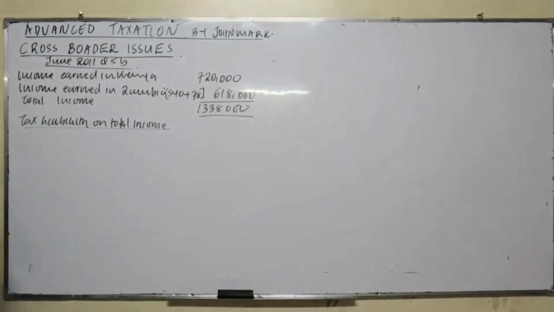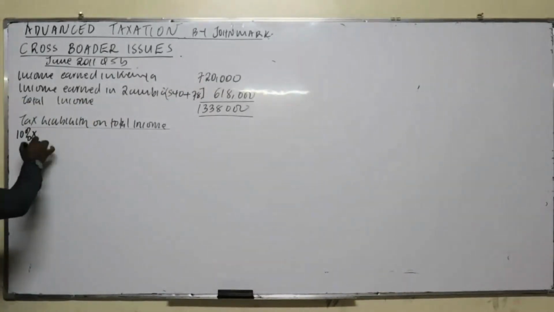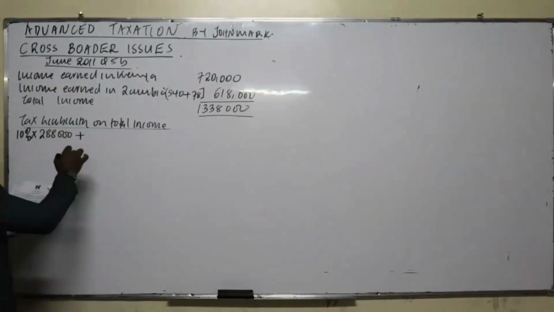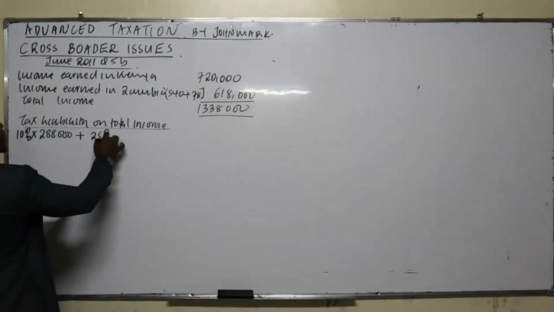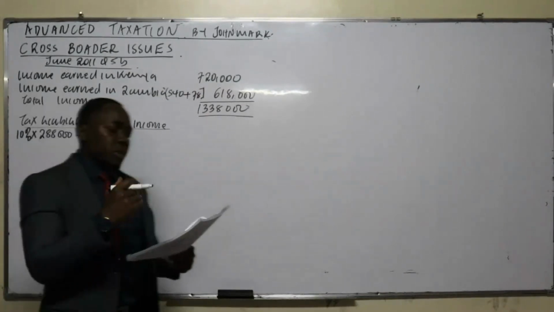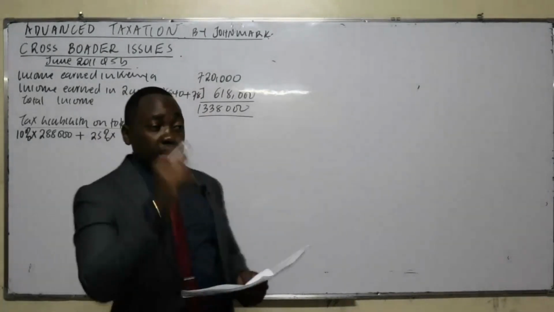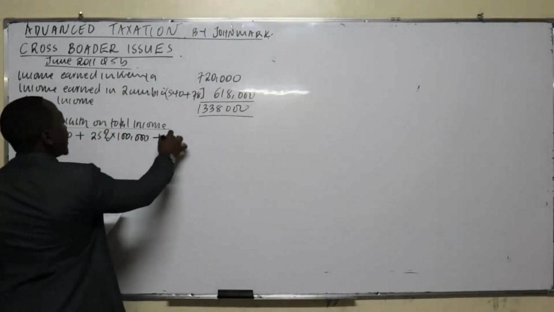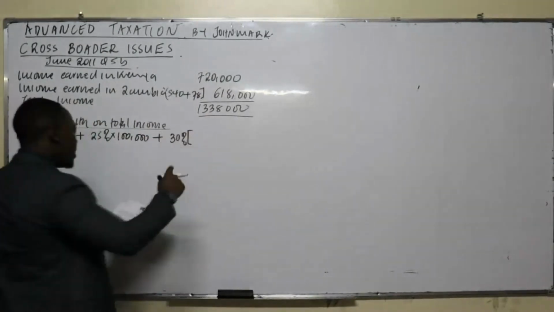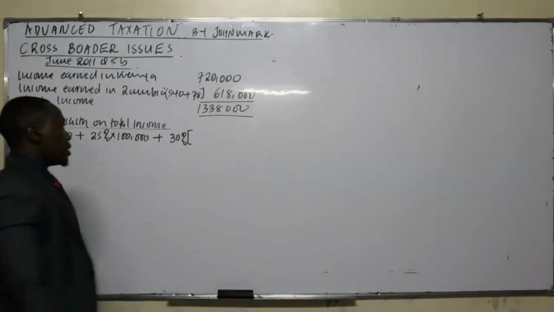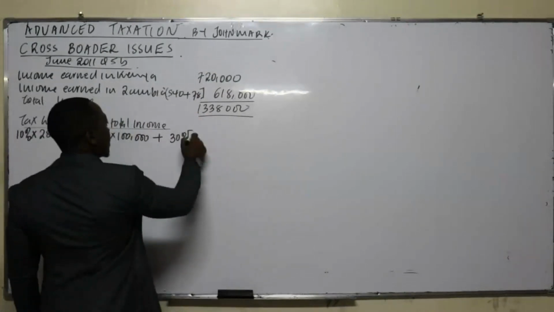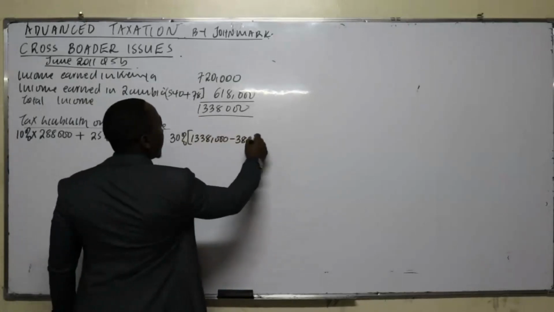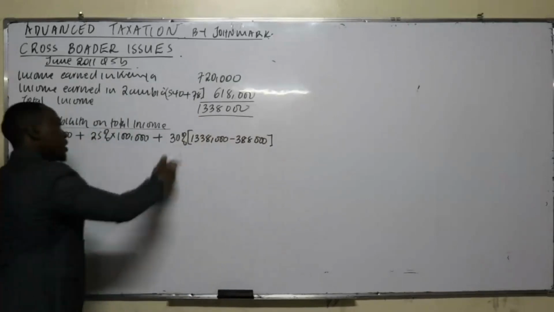We use that. It's 10% for the first 288,000 plus 25% for the next 100,000, because the range is between 288 to 388. The difference is 100,000. It's at the rate of 25%. Then 30% of anything in excess of 388. So we determine the amount of excess. You take 1,338, you minus 388, you determine the excess, then you multiply by 30%.